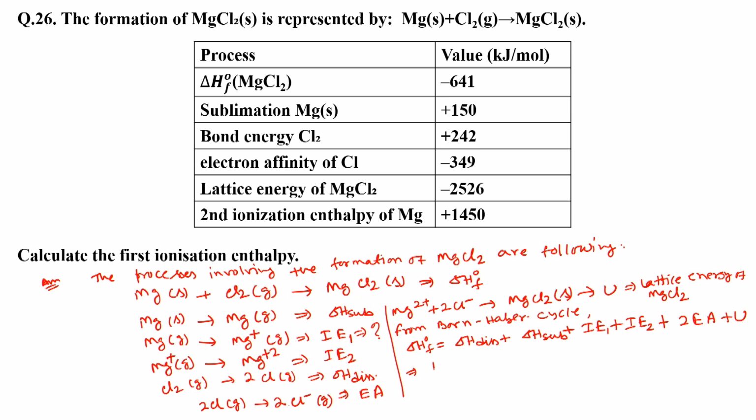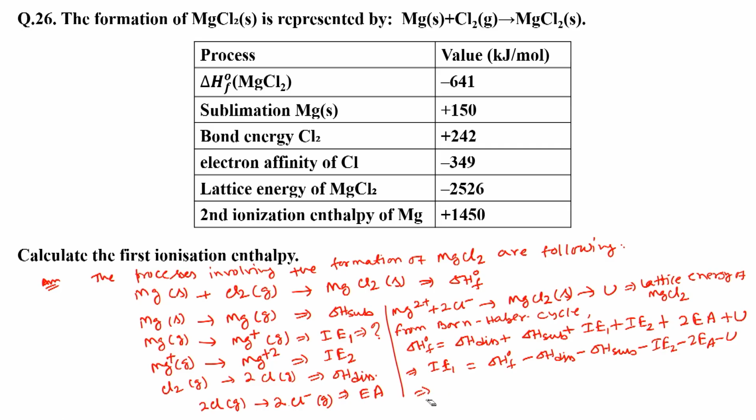IE1 is delta H naught F minus delta H dissociation minus delta H sublimation minus IE2 minus 2EA minus U.